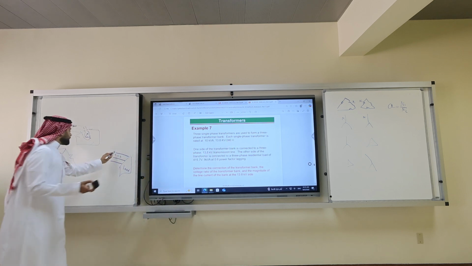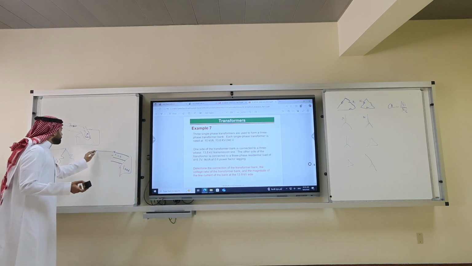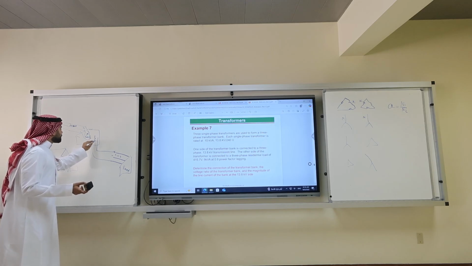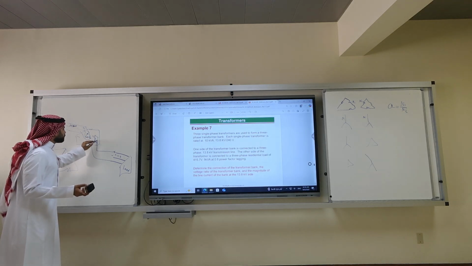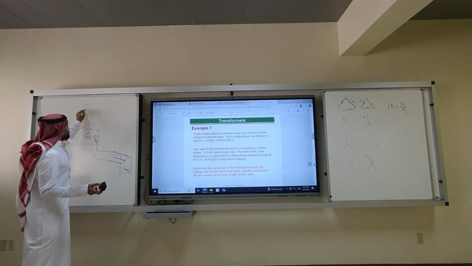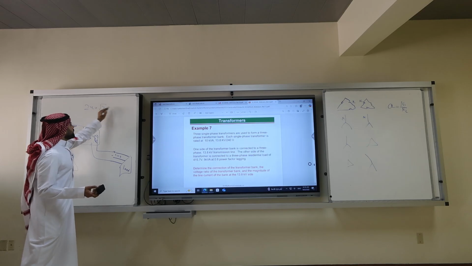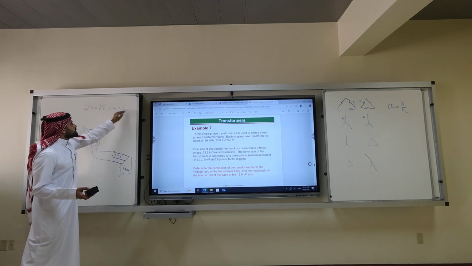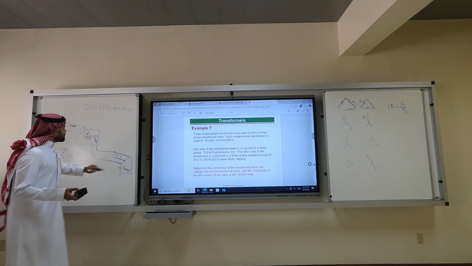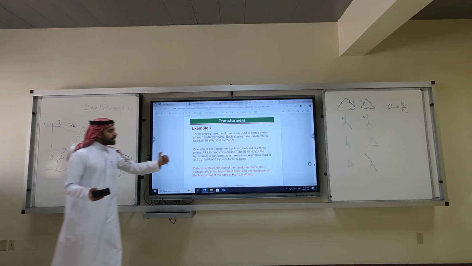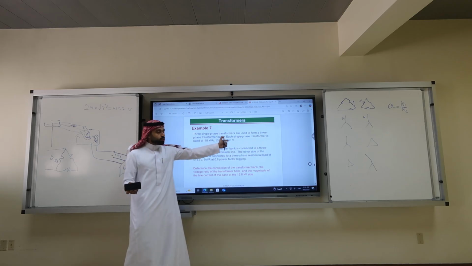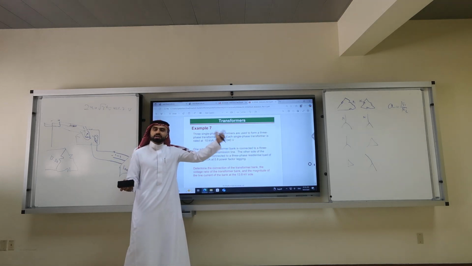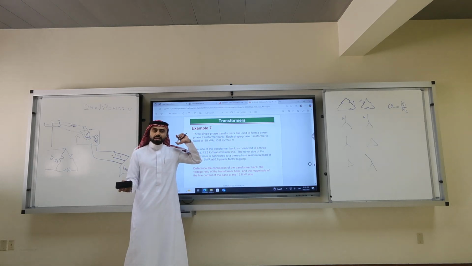So if I'm connecting it to the transformer, it has to be a Y. Why? Because here I have 240, here 240, here 415. 240 times square root of 3 equals 415.7 volts. So when he says connected to a transmission line of 415.7 and you see 240 on the coil, I know it is Y. Get it?